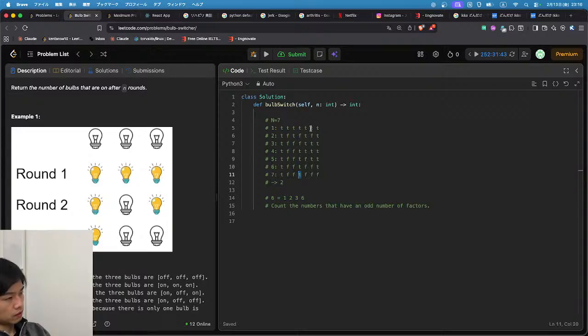And 5, 6, 7. That's not good. Basically, a prime number has 1 and itself. A prime number has 2 factors, which are 1 and the prime number itself.